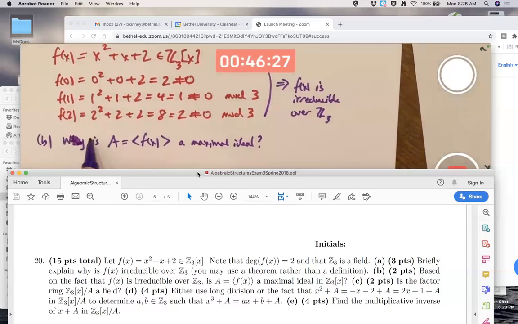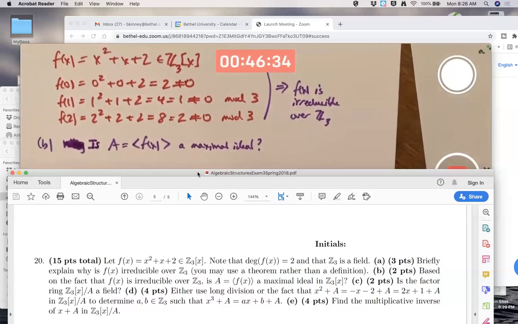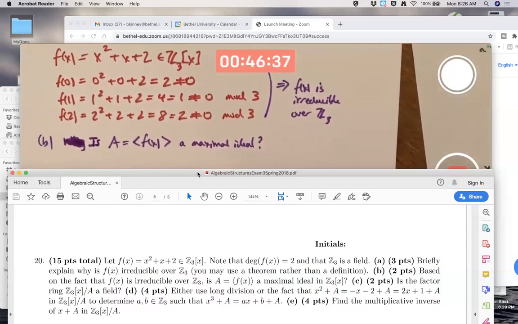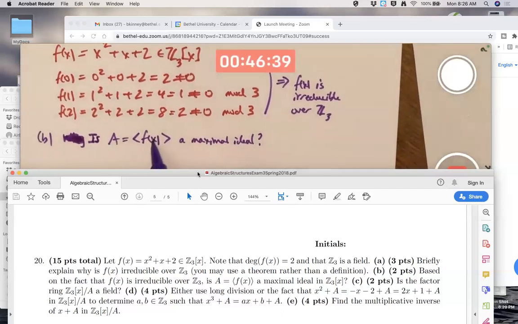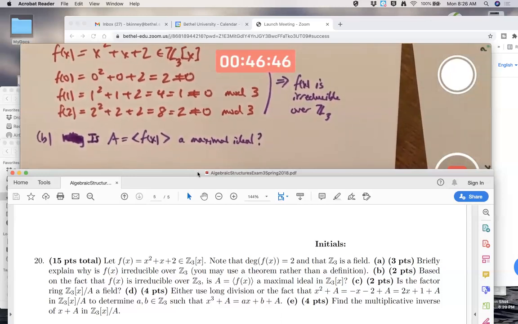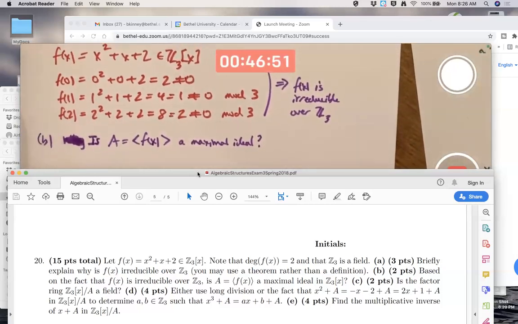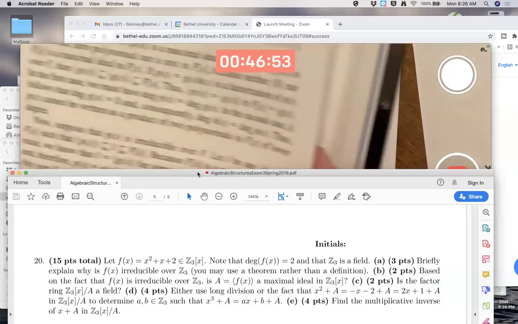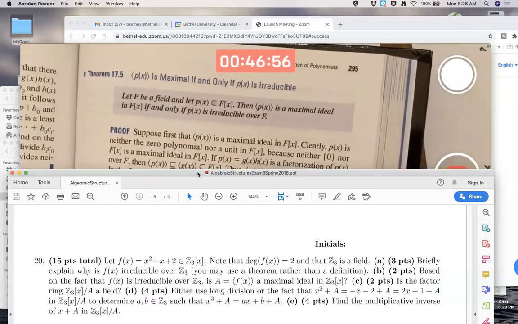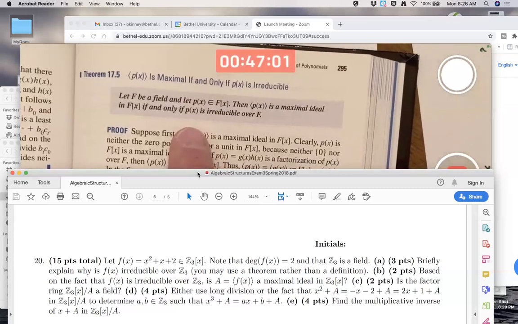I was going to say that's not the best way to phrase it because explaining why would be difficult because you have to prove a theorem in the book, because the truth of this or its falsity is based on a theorem in the book. In chapter 17, you want to know this theorem is the point.